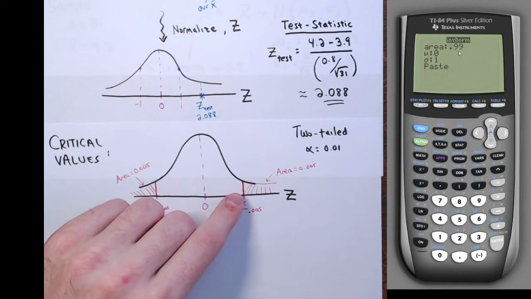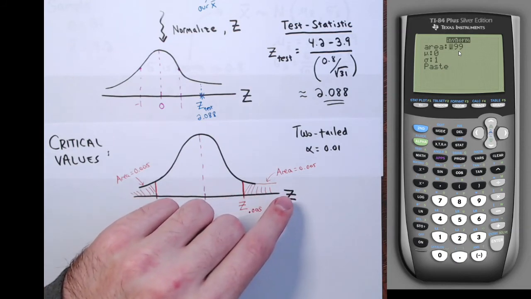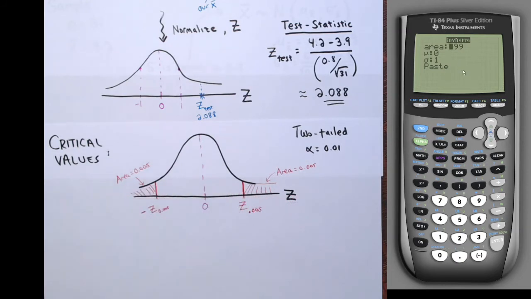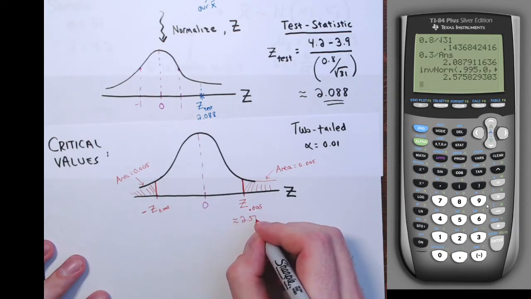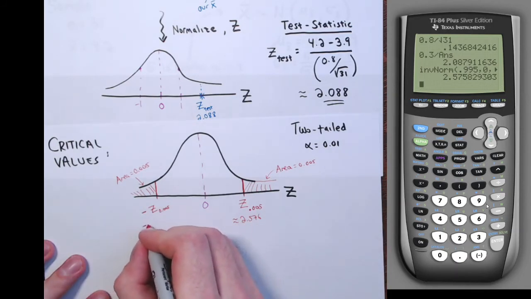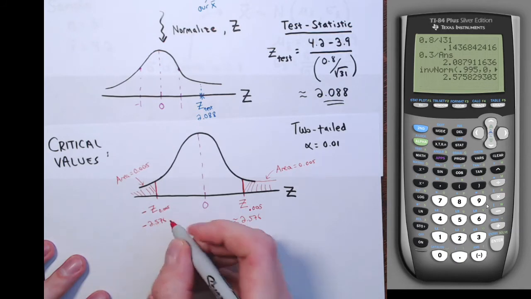If I'm looking for the value with 0.5% to the right, that's 99.5% to the left. So I enter 0.995 here, mean 0, standard deviation 1. That's 2.576 if I round. So this is 2.576, and this is negative 2.576.